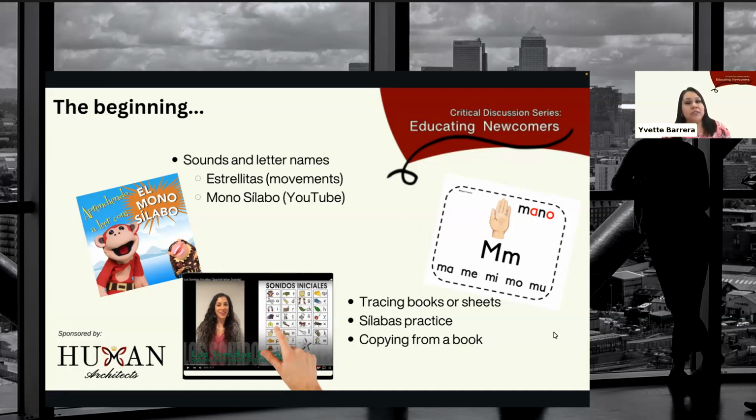I know districts have many different programs. I've used different resources, but what I have found that has been engaging, it's quick, and I've seen that the students can memorize is called Estrellitas. Estrellitas is a program that we used in my district.